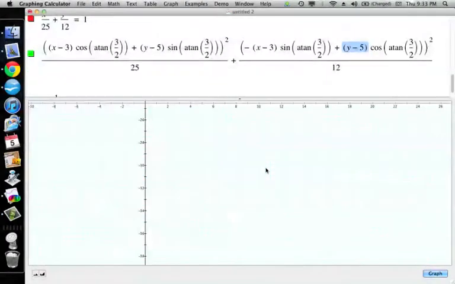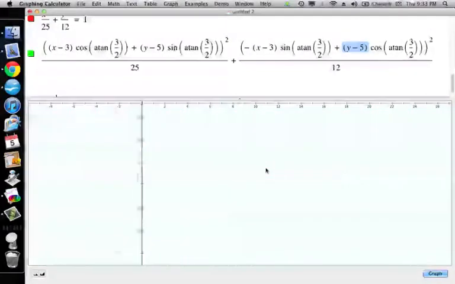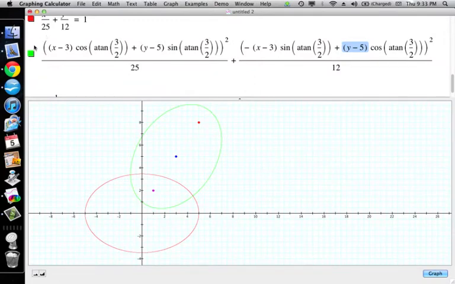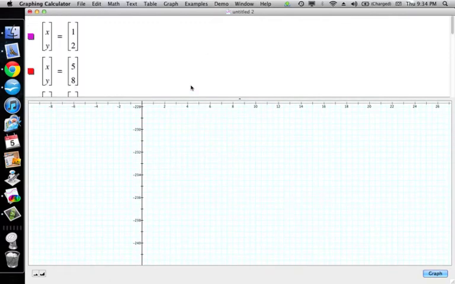And there you go. So that is the shifted ellipse that has a focus of 1, 2 and another focus of 5, 8.